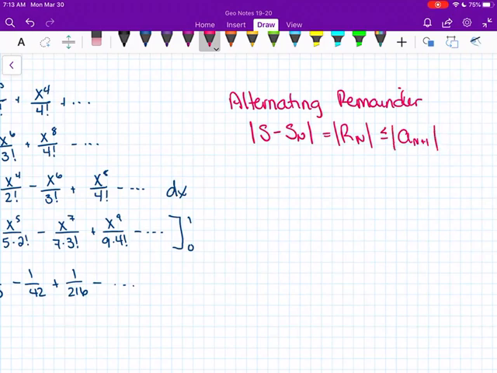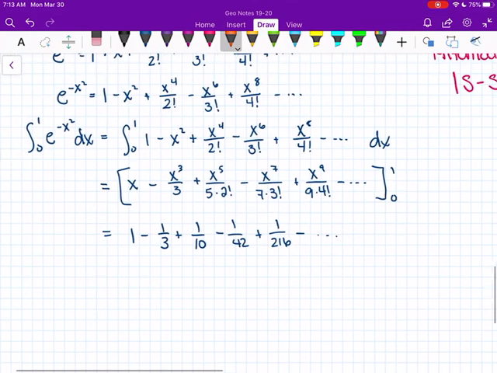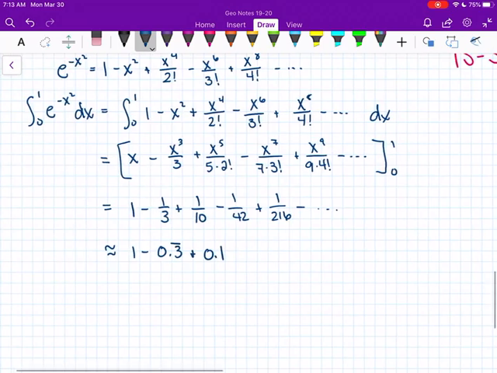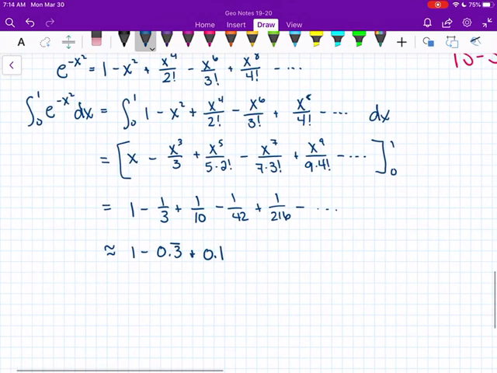So I need to basically figure out, when does this term become less than 100th? Right? That's what I need to figure out. Okay? So if I look at these terms that I've written down so far, and I approximate them, we see that we have 1 minus 0.3 repeating plus a tenth, and then 1/42 is approximately 0.0238.